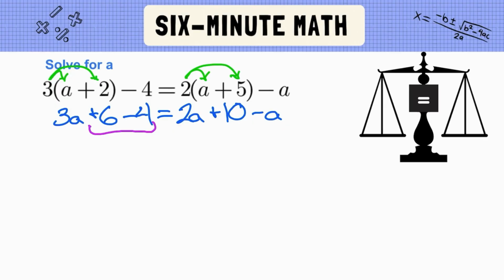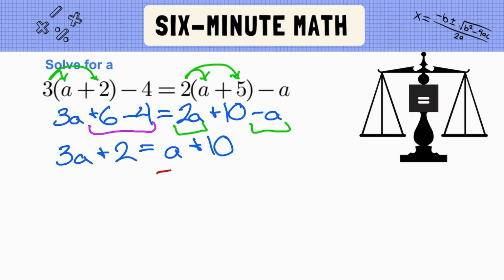You know what? I'll use different colors for that side. So I'm going to simplify each side of my equal sign. I'm going to have 3a plus 2, which is positive 6 minus 4. And that's going to equal 2a minus a is just a single a plus 10.